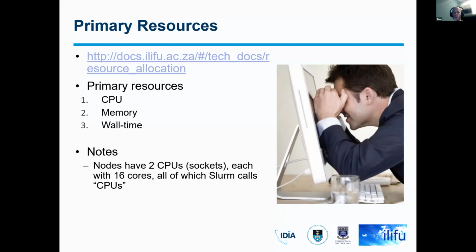So basically, in Slurm lingo, every node can be seen as having 32 CPUs. So I'll be using this terminology, but just a tiny technical note: technically, it's actually cores, but I'll be referring to it as CPUs.